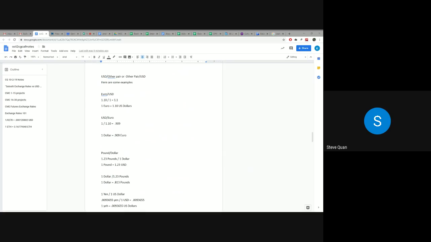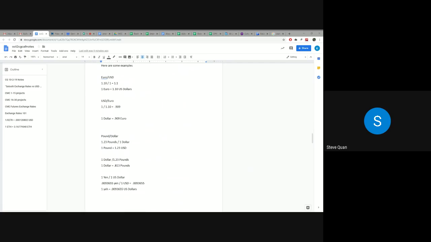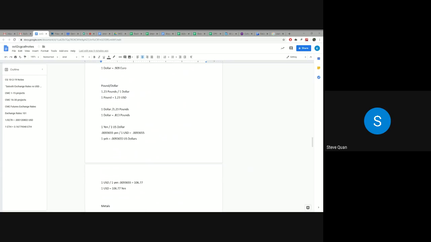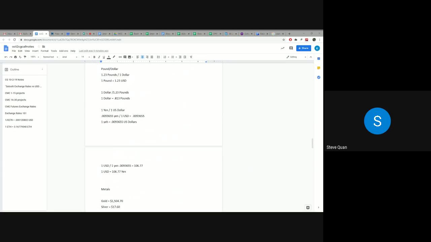Moving on to the pound, it's 1.23 divided by 1, or 1 divided by 1.23. Now, the closest thing to a sat price in a major currency would be the yen, where 1 yen equals $0.0093655. You don't hear that quoted that way often.